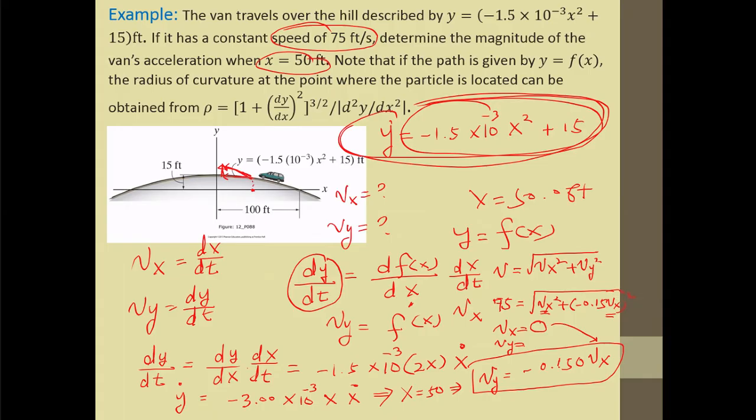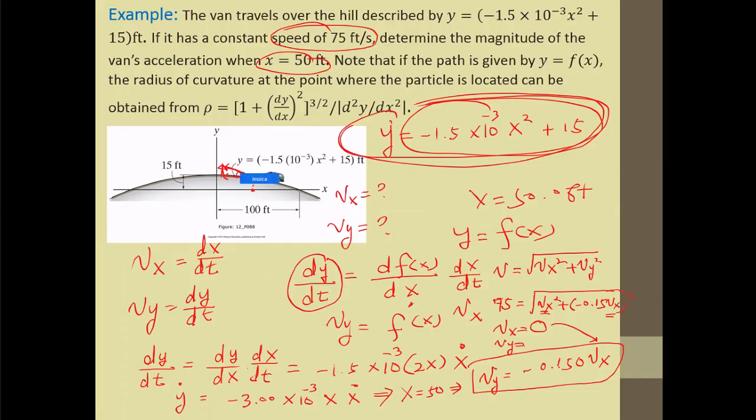So by taking the derivative, we simply find the relationship between the velocity y component and the velocity x component. And graphically, we found that the velocity x component should be negative, whereas the velocity y component should be positive. So we choose the right sign for velocity x and y components. And also we can find this angle too.